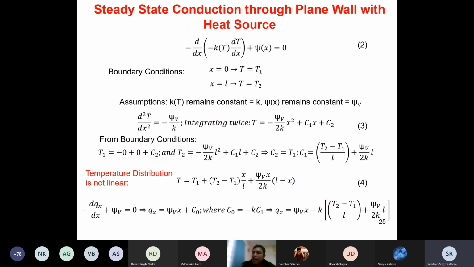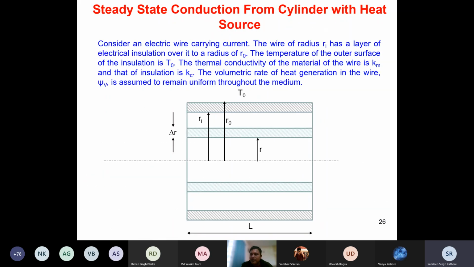Then the same thing we extended to the cylindrical and spherical geometry, where not only is there heat generation, but the cross sectional area, which is the heat transfer area, is also varying, isn't it?